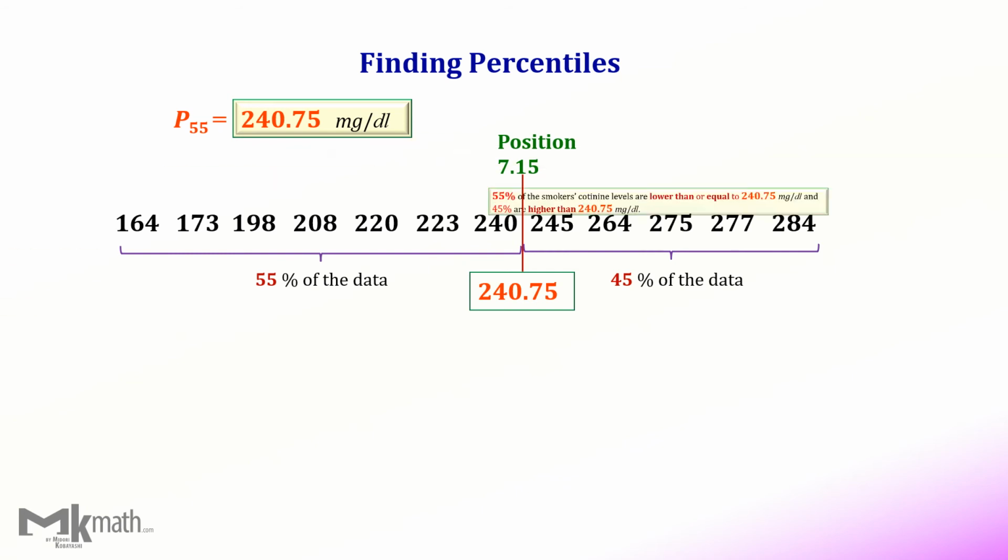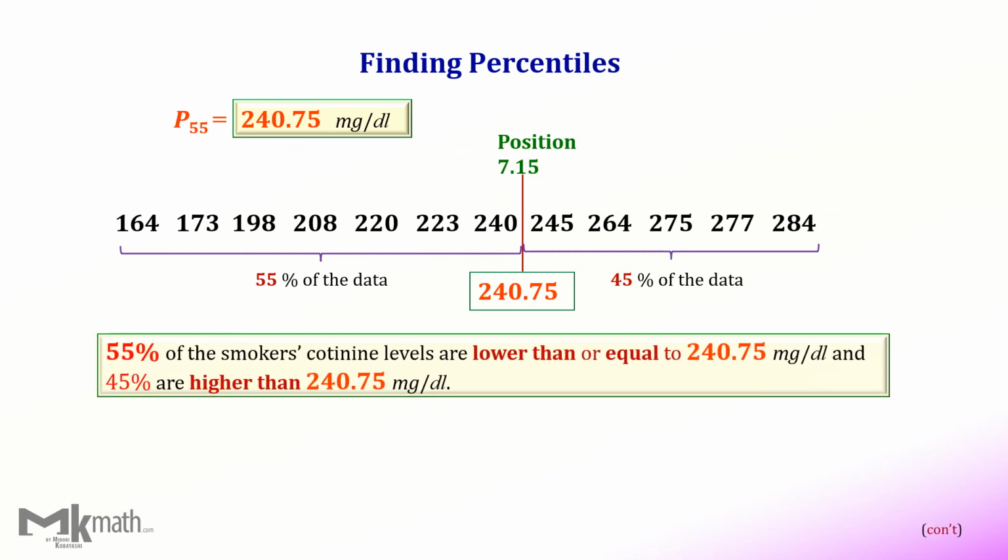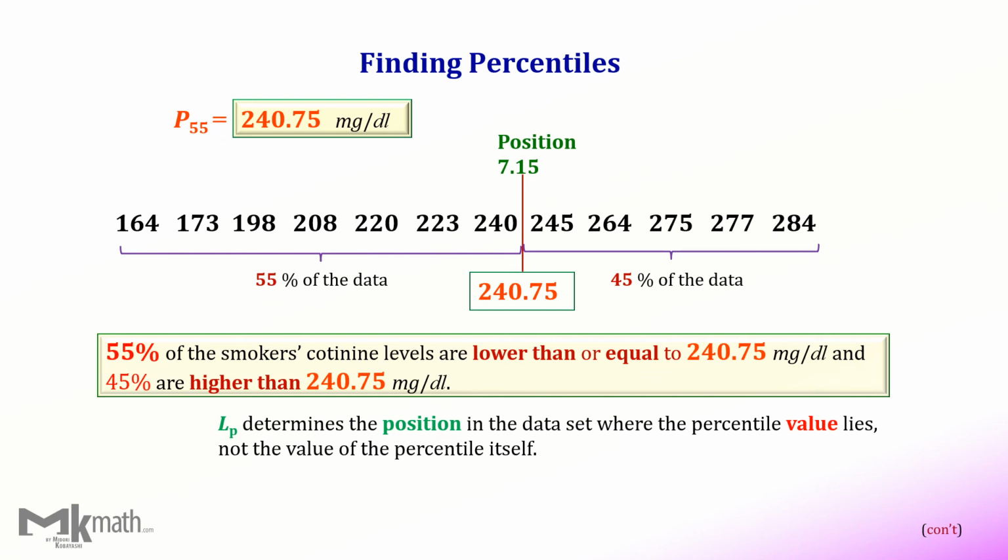That is, 55% of the smokers' cotinine levels are lower than or equal to 240.75 milligram per deciliter and 45% are higher than 240.75 milligram per deciliter. Please make sure to distinguish the difference between the position and the value in the position.